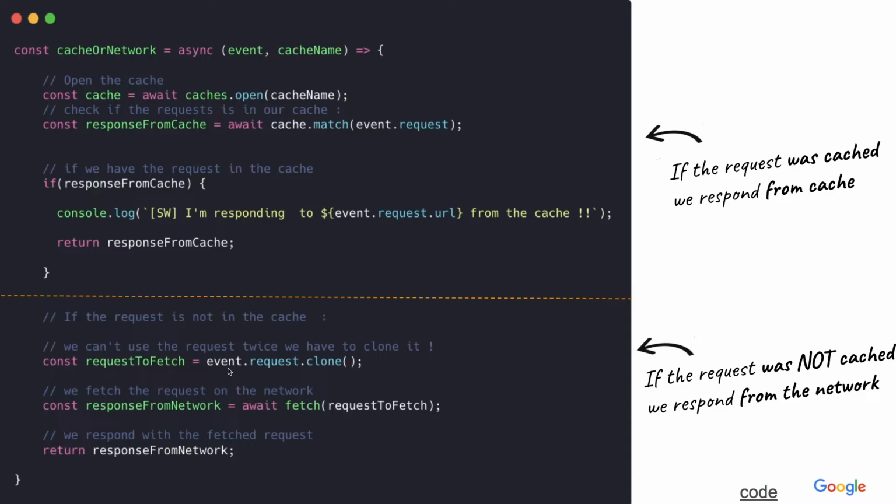And when we deal with requests, we can only use the request once. So we have to clone the request. And to do that, we use the request.clone method attached to our event. Then we fetch the request on the network, and here we just use the fetch. Because fetch returns a promise, we can await it, and then we just return it from the network.